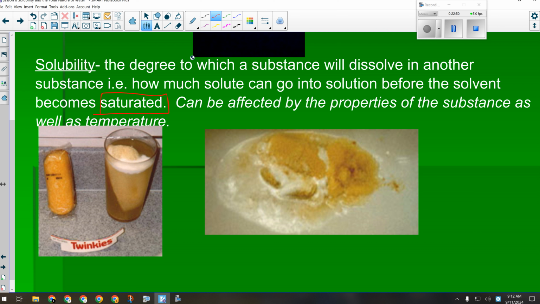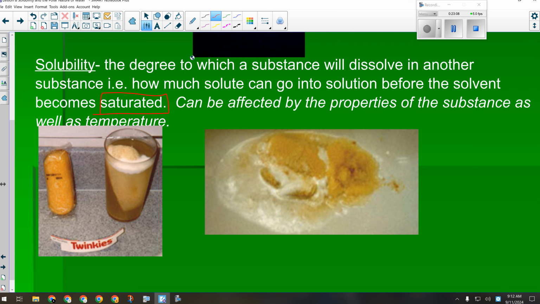So if I was to make Kool-Aid, I generally like to make it a saturated solution. I put the little Kool-Aid crystals in there, and I use warm water, and then I dump sugar in, and then I put it in the fridge.